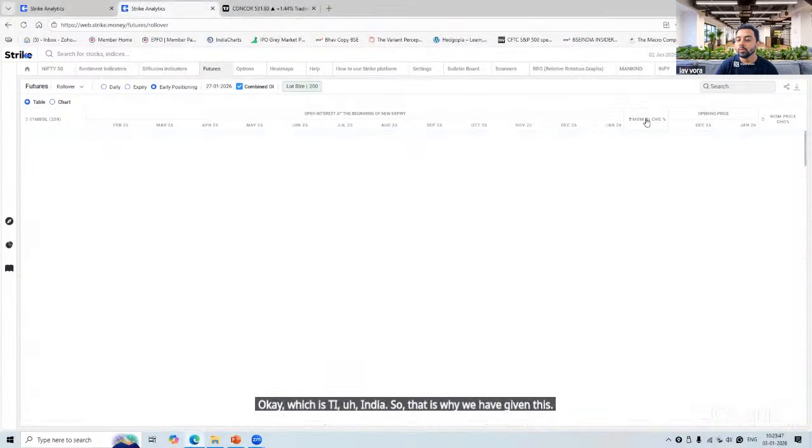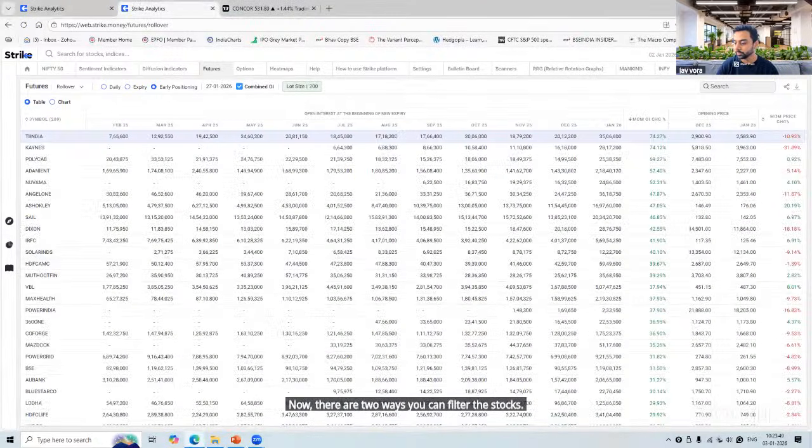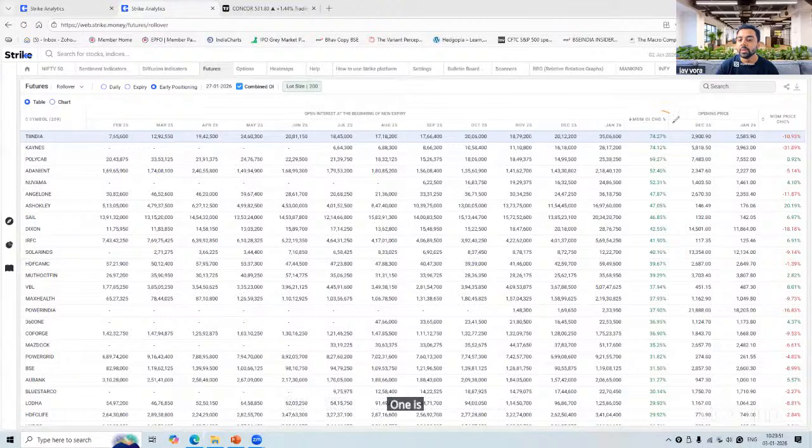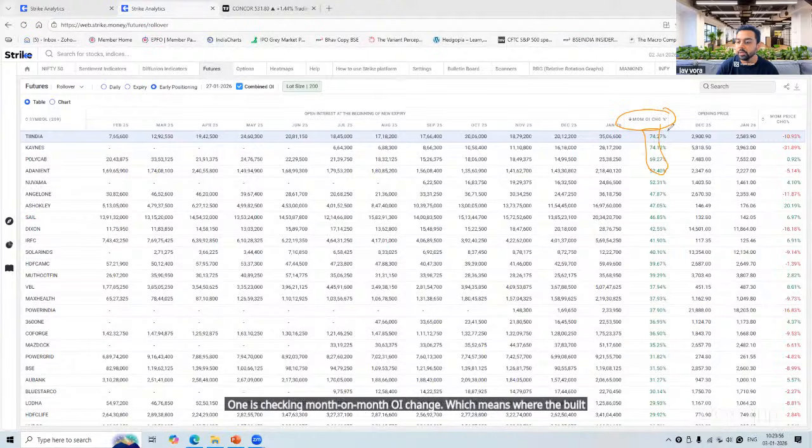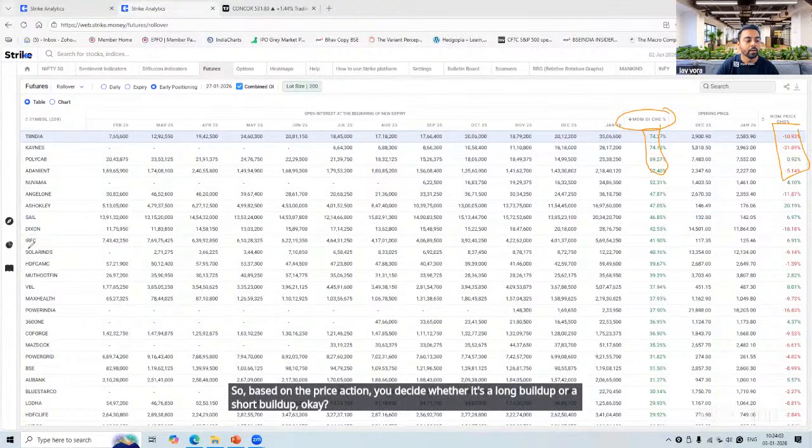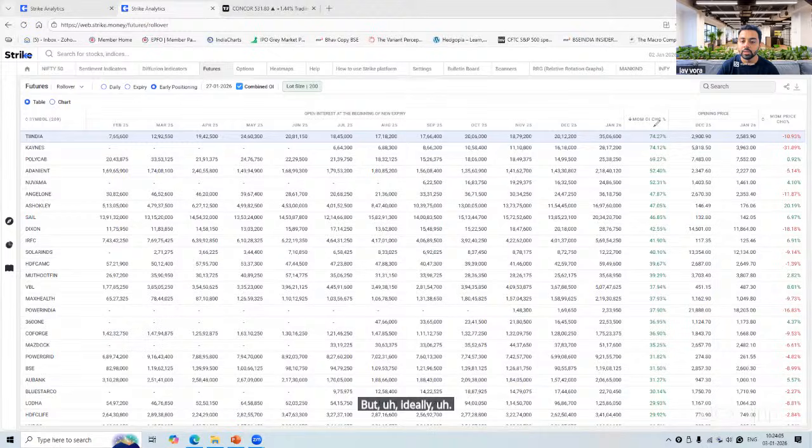Now, there are two ways you can filter the stocks. One is checking month on month OI change, which means where the build-up is happening. Based on the price action, you decide whether it's a long build-up or a short build-up. Ideally, the way to interpret it is that if the OI change is very high, along with a price change which is also very high, it tells you that a lot of people are short in that.